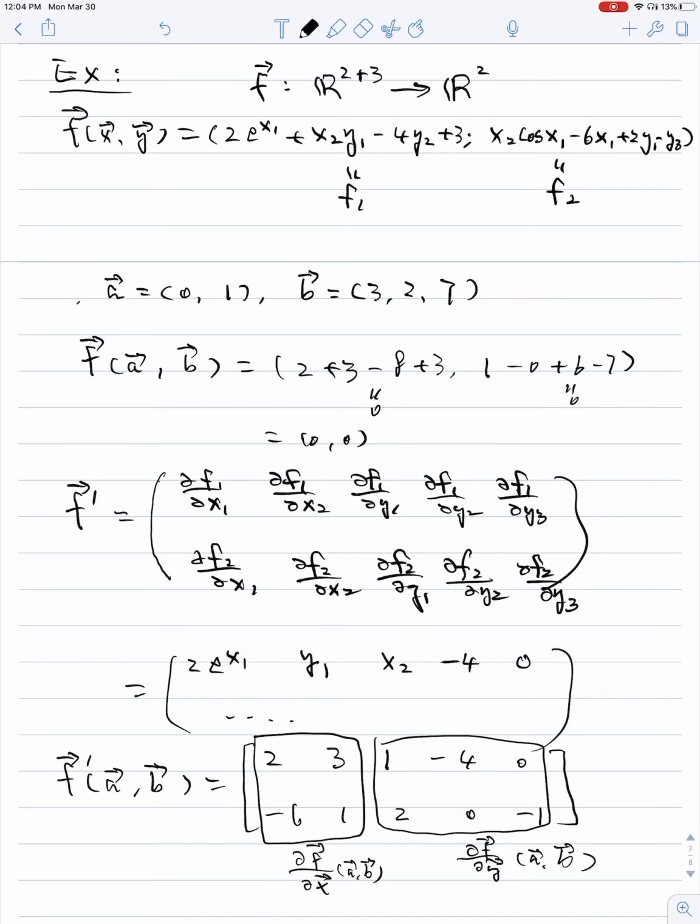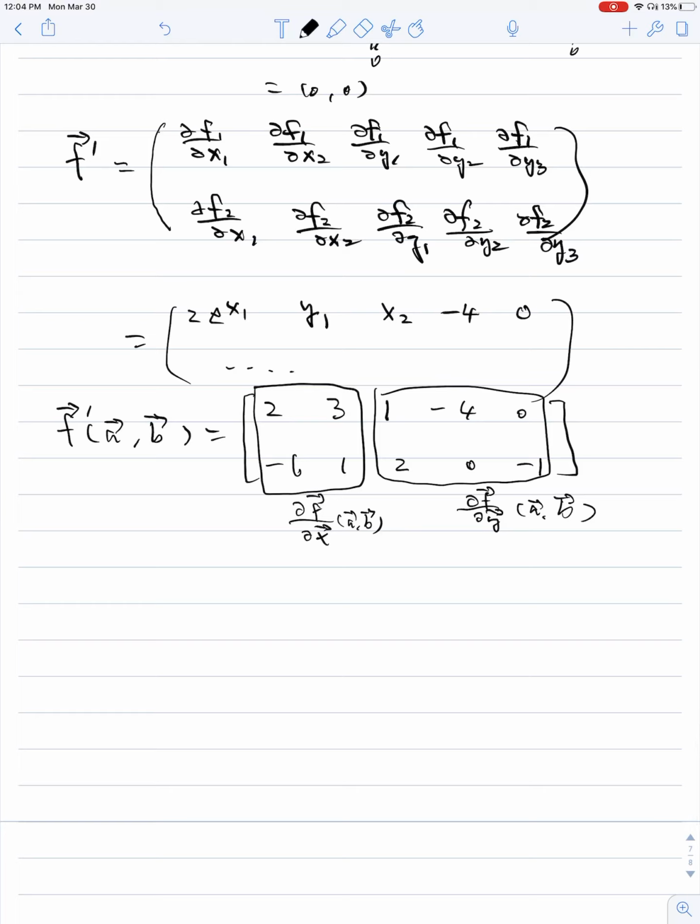Now, you can see that the determinant of df/dx at the point AB is 2 plus 18, so it's 20, it's not 0. So therefore, this matrix is invertible.